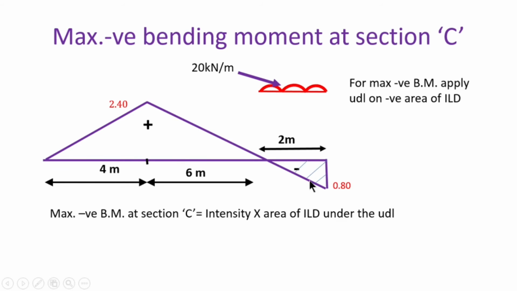This area is negative, that is why it is a minus. Intensity is 20 into area 1/2, base is 2 meter and height is 0.8. So the maximum negative bend moment is equal to minus 16 kN meter.